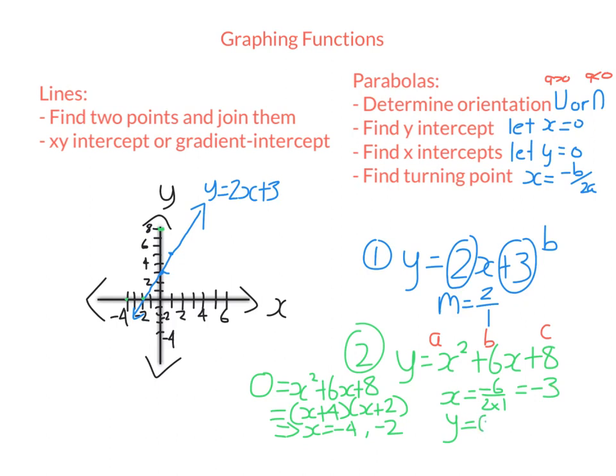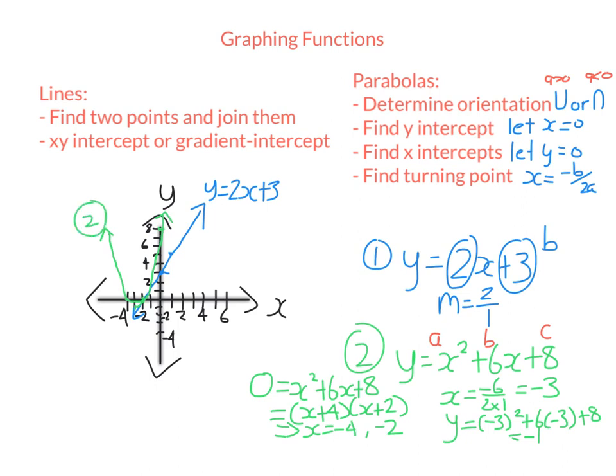Whenever you're substituting a negative, always use brackets, otherwise you'll make a mistake here. If we put that on the calculator, we actually get minus 1. The turning point is minus 3, minus 1. Because we know it's a smiley face, it's just going to go up like this and hit 8 and be symmetrical. So that is the graph of the parabola.